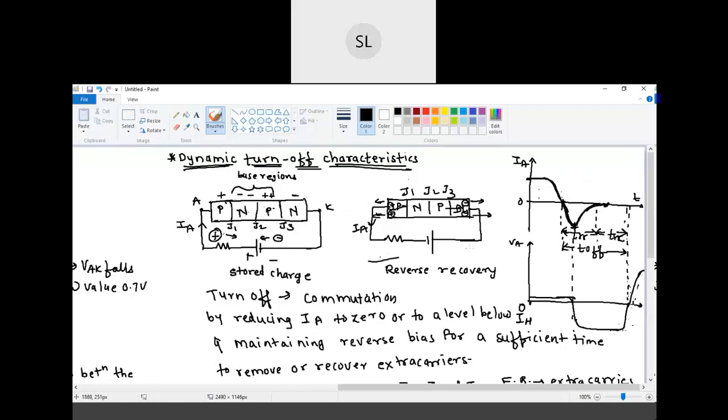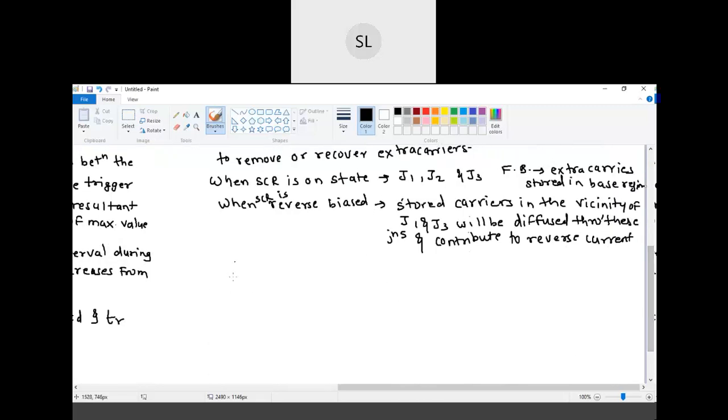Now here there are two things which you can observe. First one is the TRR, that is the reverse recovery time, and second one is the reverse recombination time. So what is this reverse recovery time TRR?